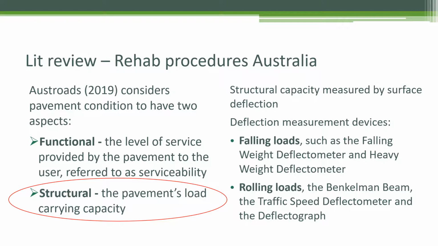So structural capacity is measured by surface deflection. Now, there are several devices that can be used for measuring deflection, and they fall into two categories, one being falling loads, which is covered by FWD and heavyweight falling deflectometer, and the other being rolling loads, which is the Benkelman beam, the traffic speed deflectometer, and the deflectograph.